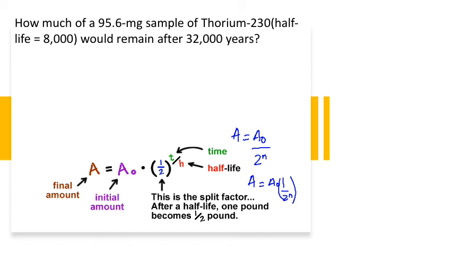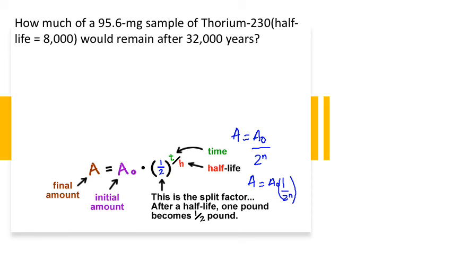And then right here we have time divided by half-life. Remember I said n is the number of half-lives. When you take time and divide it by half-life, it tells you the number of half-lives. So for example, if you took whatever that final time is and divided by the actual half-life, it tells you the number of half-lives. So it's the same thing.